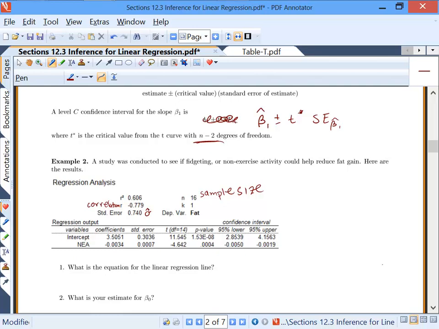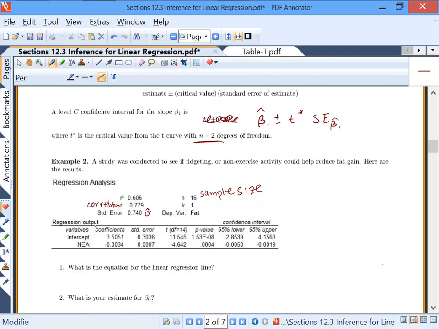If you want to find the mean square error, you would have to square that number. Also, notice this dep.var, that's short for dependent variable. That tells us that fat gain is the variable we're predicting, our y variable.